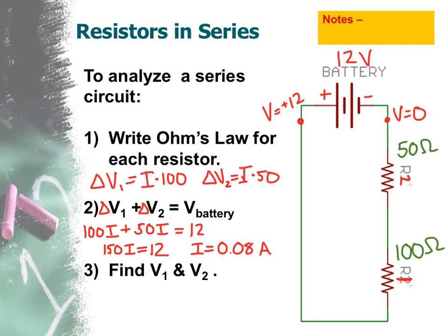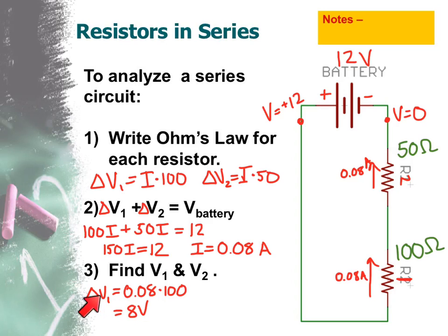Now I can use that fact to find delta V1 and delta V2. So I'm going to plug those back into up here. Now I'm going to draw my current here first. Current times resistance equals change in voltage. So the change in voltage across resistor 1 is 8 volts.